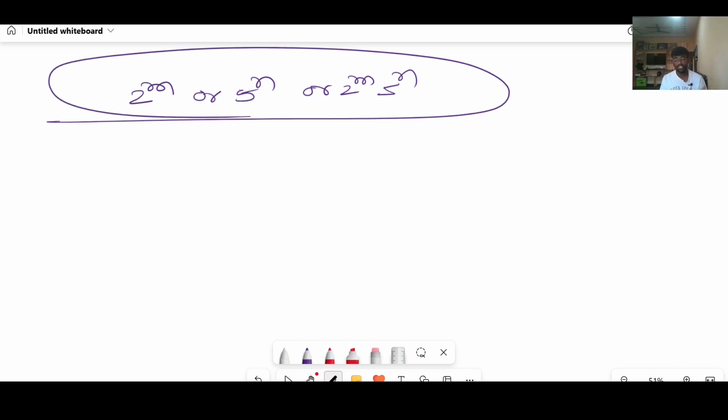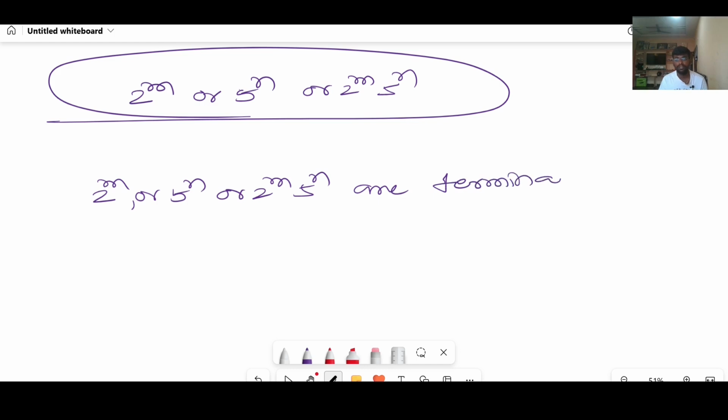And now vice versa, same thing. The fractions which have a denominator in the form of 2 power m or 5 power n or 2 power m 5 power n are terminating decimals. Same vice versa, right? Previously we have discussed terminating decimals.